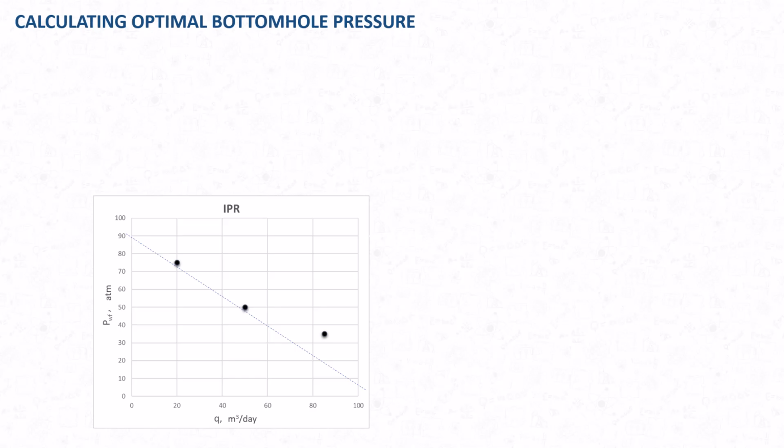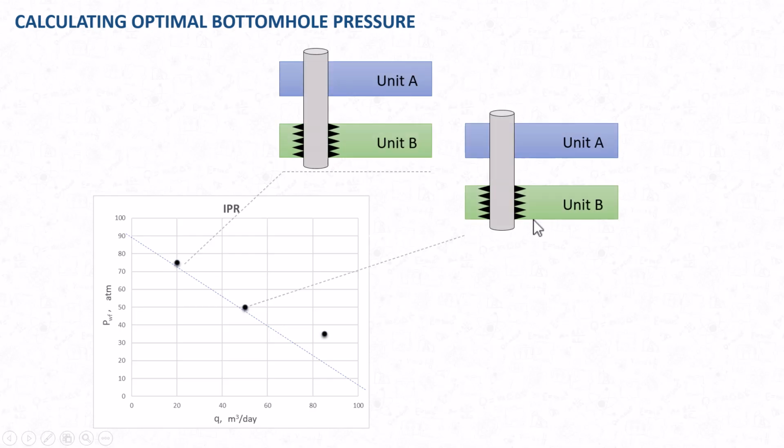But in real life, sometimes this way of thinking could cause problems, because let's imagine you have a two-layer system, and you perforated the target layer, which is saturated with oil, unit B, but you have an overlaying unit A, which is water saturated.